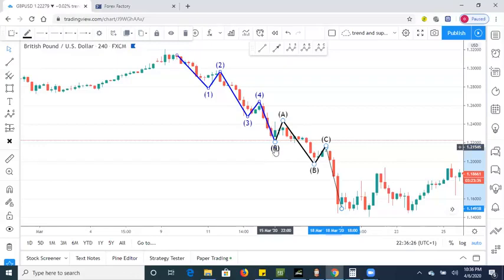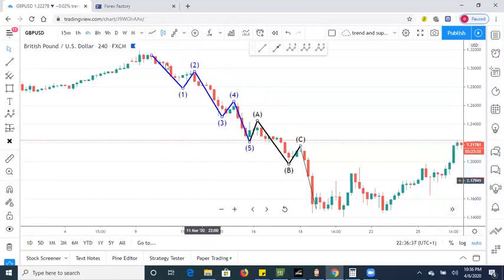Then you wait for a pullback and also sell from A to B, wait for another pullback, sell from C to wherever. Now you would be waiting for a pullback again.